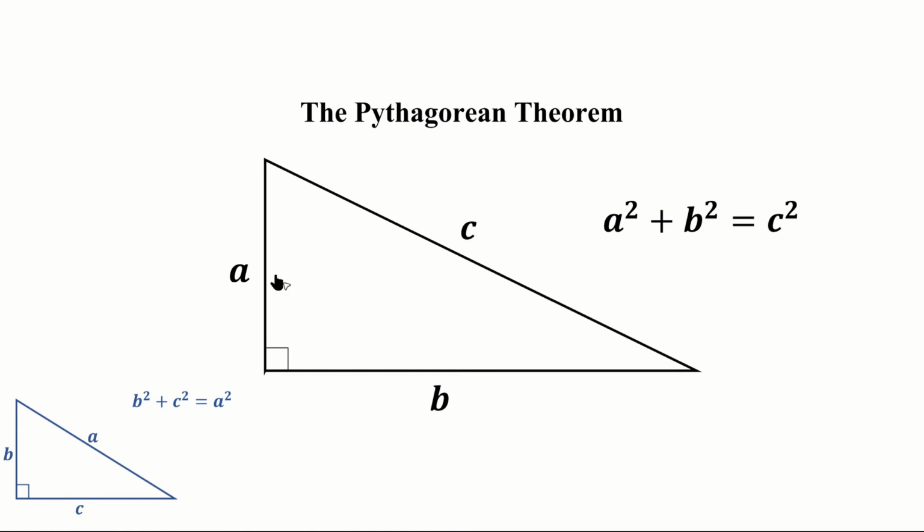So the important thing to understand is the relationship between the three sides rather than just the formula a squared plus b squared equals c squared. In fact, I oftentimes like my students to remember it in this way, that leg 1 squared plus leg 2 squared equals hypotenuse squared. You'll be less likely to get yourself in trouble if you remember it that way. It's much safer.